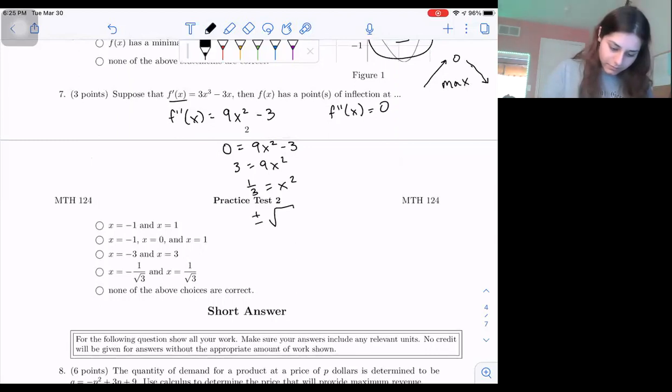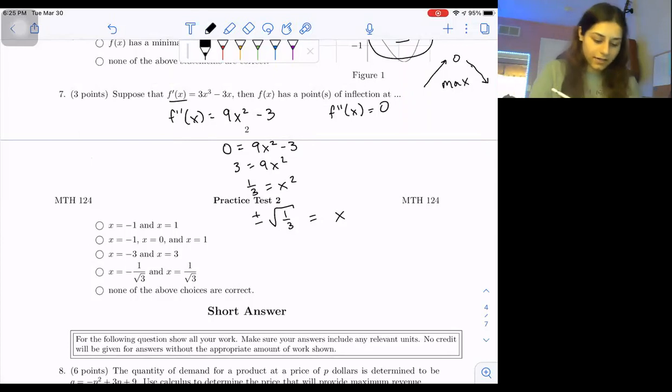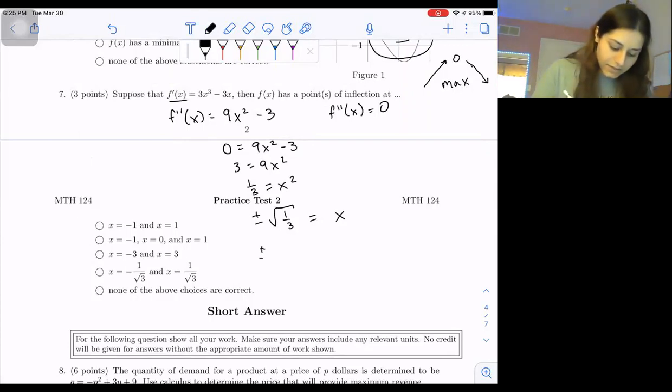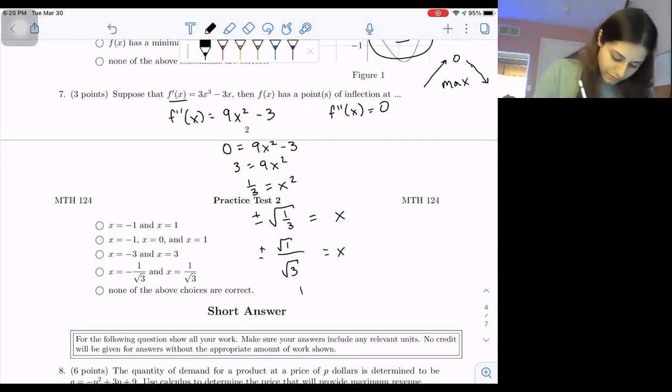So we'll have plus or minus the square root of 1/3 equals x. Then we can distribute that square root out to the numerator and the denominator, so plus or minus square root of 1 over the square root of 3 equals x. The square root of 1 is just 1, so we'll have plus or minus 1 over square root of 3. And that is D.